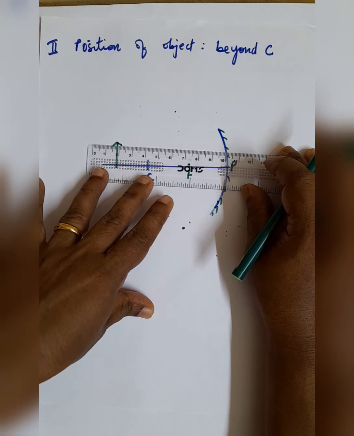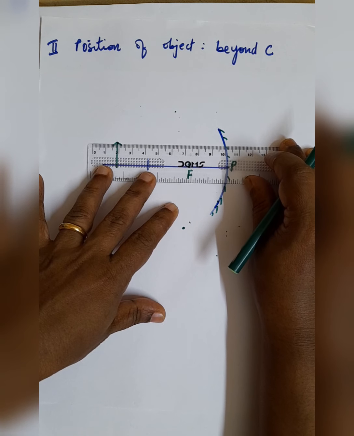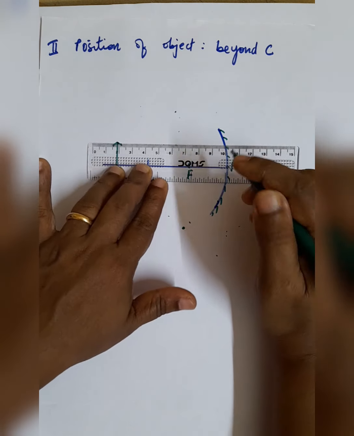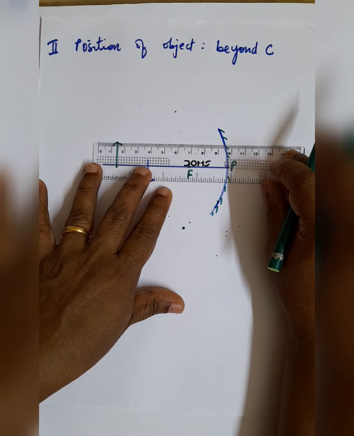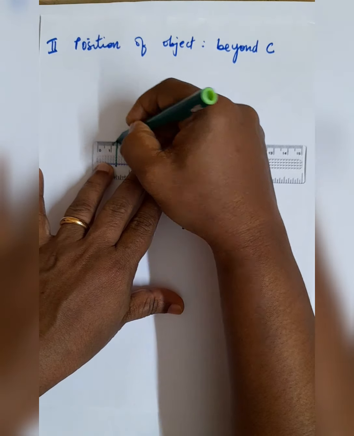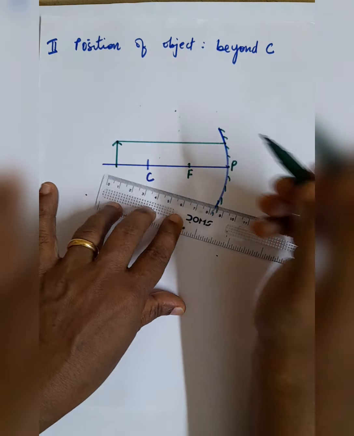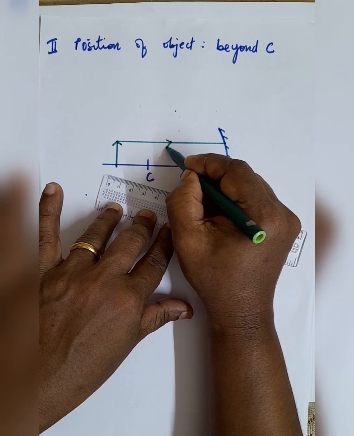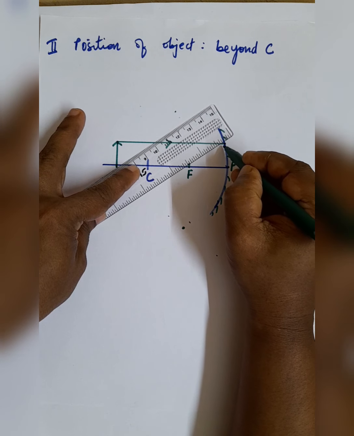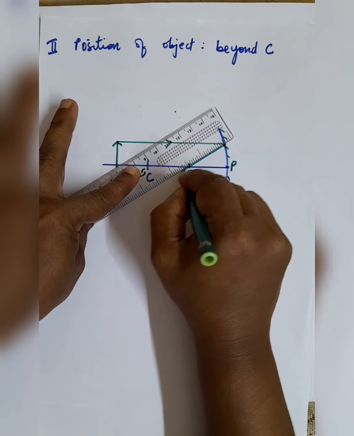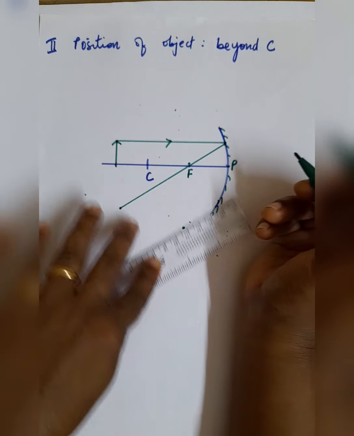Now the rule is the first ray goes parallel to the principal axis. So it has to touch the object, isn't it? So the incident ray touches the object, goes parallel, and after reflection it goes through F. So it reflects and goes through F.